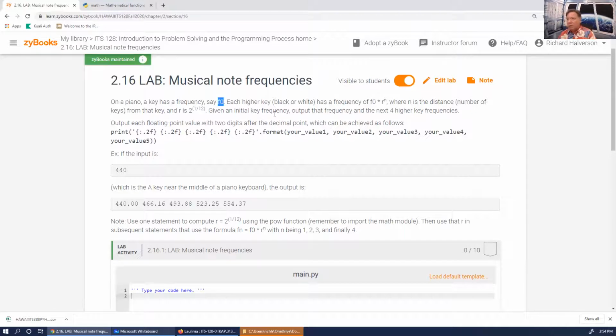Ding. On a piano, a key has a frequency of, let's say, F0. Each higher key, black or white, has a frequency of F0 times R to the N power, where N is the distance, that is the number of keys from that key, and R is 2 to the 1/12th power.